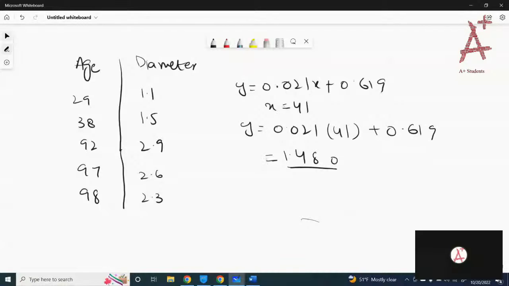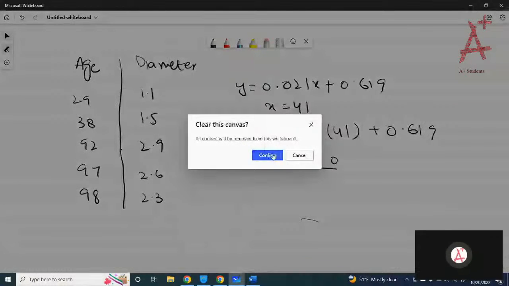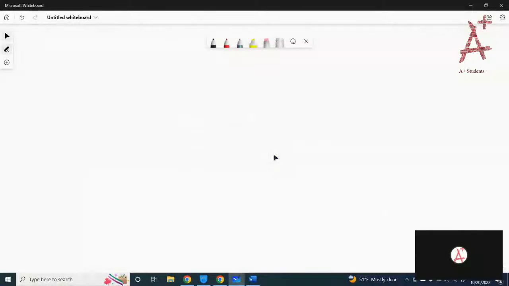Okay, let's do another example. Use the least square regression line of the data set to predict a value. The data set is population and sports facilities.